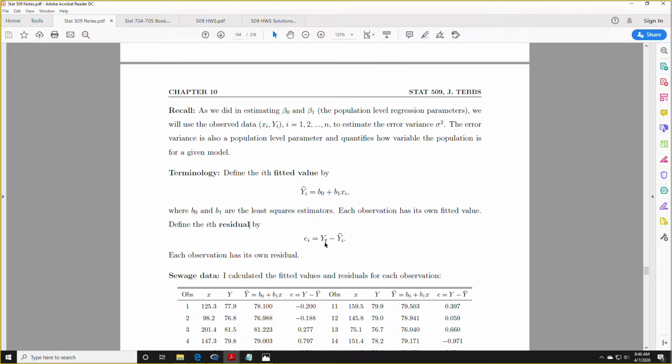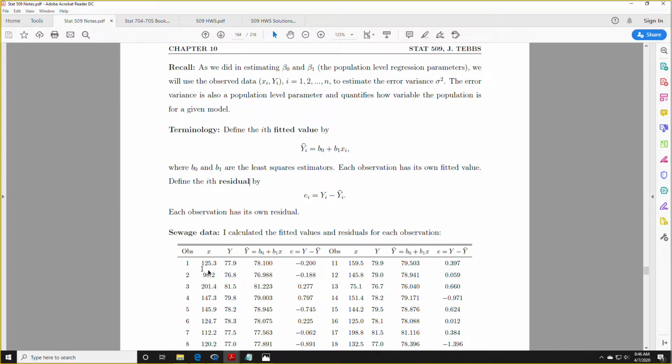Of course, this observed value of y, I'll just pick the first observation here, has an observed value of y and a corresponding value of x. So for the first person, think about residual 1, e sub 1, y would just be 77.9. To get the fitted value of y, we go up here to our regression equation, the equation of our line.